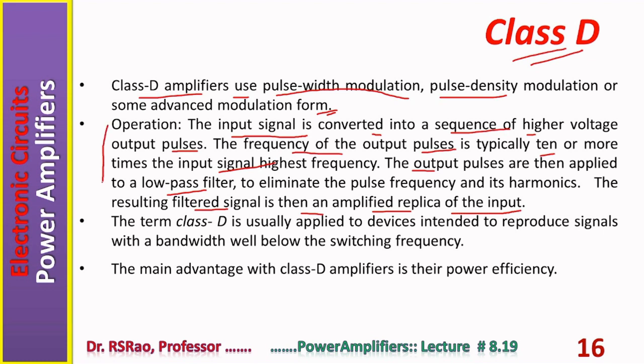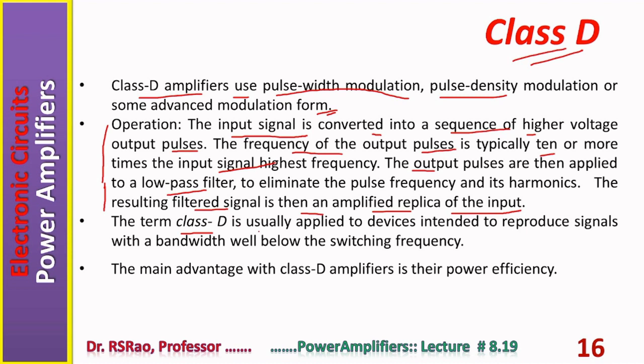So operation involves conversion of the input signal into pulses. They are then filtered to eliminate the pulse frequency and its harmonics. After filtering, the resultant signal is the required amplified input.